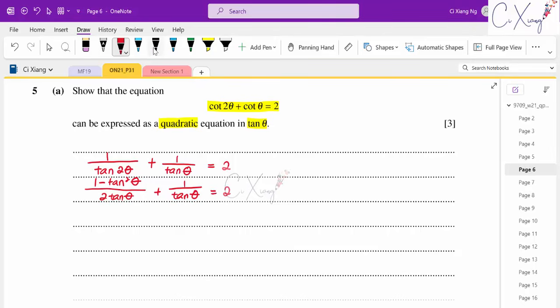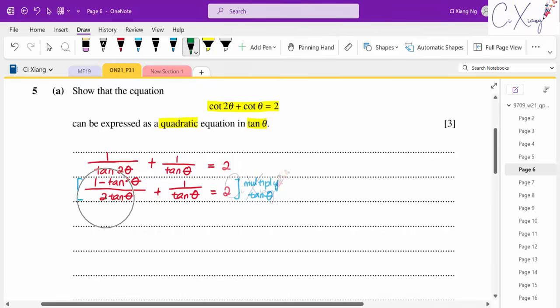The tangent theta here as the denominator is very troublesome. So to make it disappear, I want to multiply the whole equation with tangent theta. And maybe I want to make the 2 disappear also, because this one is also very troublesome, right? So I multiply the whole equation with 2 tangent theta, let's say. So what do I get eventually? I will have 1 minus tangent square theta.